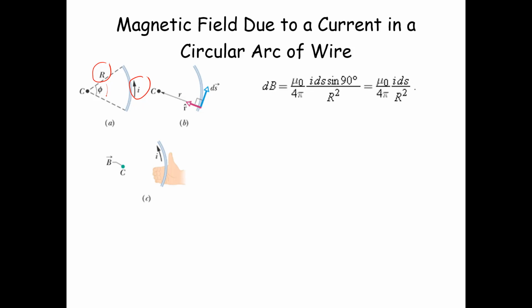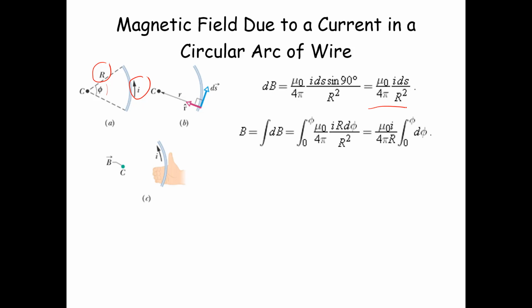So using the Biot-Savart law, dB is equal to mu 0 I ds sin theta per 4 pi R squared. We use sin 90 degrees, so we can get this equation, mu 0 I ds per 4 pi R squared.